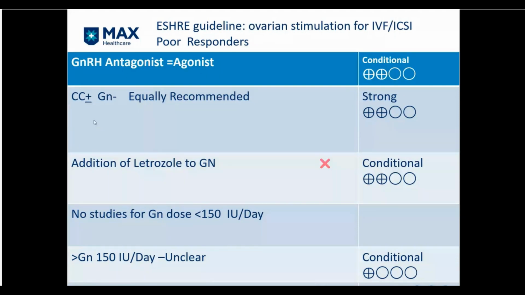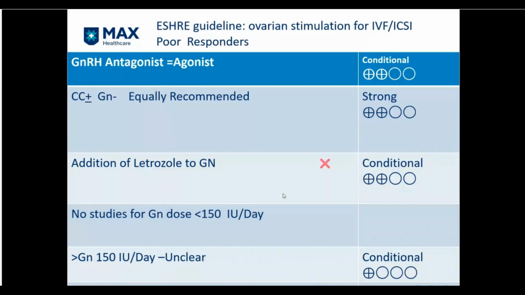By that the hypothalamus and pituitary sense that the estradiol levels are low. Via the feedback mechanism, the LH and FSH levels rise and lead to increased recruitment of follicles. So it's a strong recommendation. However, letrozole addition to the gonadotrophins is not recommended.